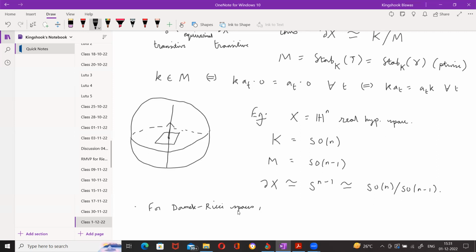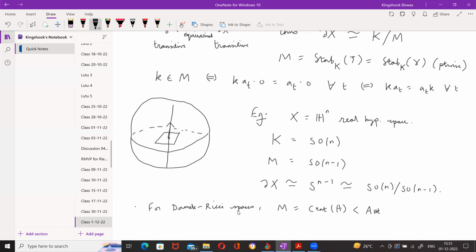I think M is equal to, I need to check this, I'm not sure about this. I think it is the centralizer of A_T of A inside Aut N.